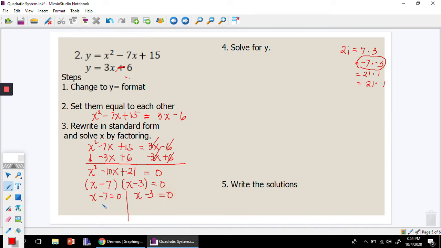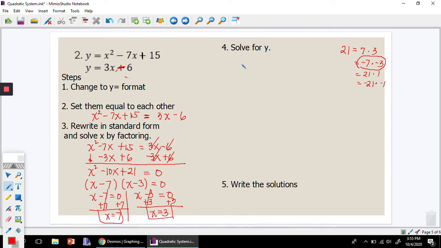So isolate x, so plus 7. X is equal to 7. Add 3. X is equal to 3. So the values for x are 7 and 3. Now it's time for us to solve for y.